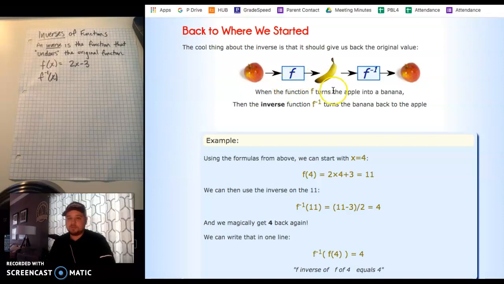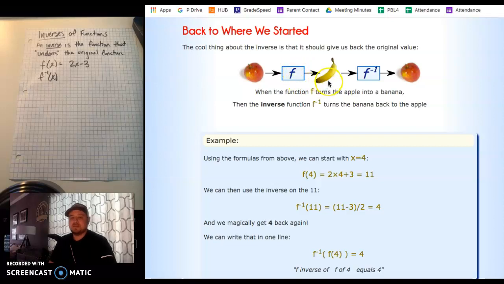Again, I really like this piece that they have here. Let's say that there was some process, some scientific botanist process that I could do that would magically take an apple and turn it into a banana. Some kind of chemical, physical property thing. We could call that process f.